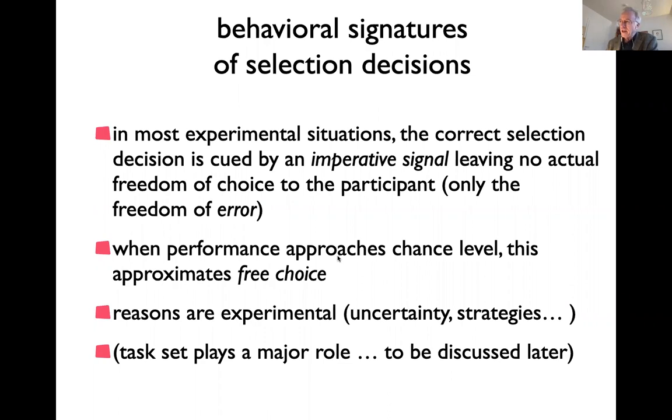So typically there is a clear correct answer and every other answer is a mistake, an error. There's usually a component of the stimulus that tells you what the correct answer is. It's called the imperative signal. And the tasks just vary how hard it is to actually figure out which is the correct answer.